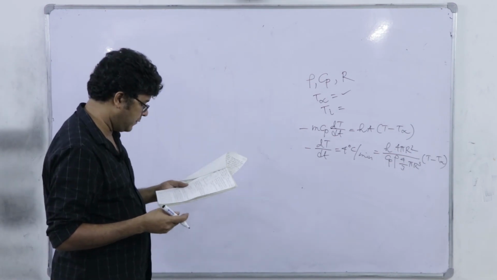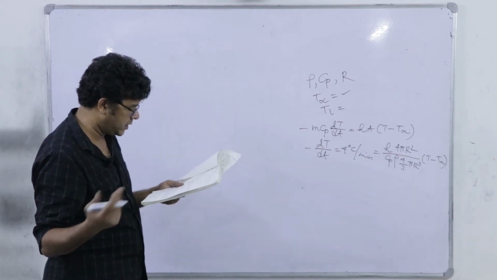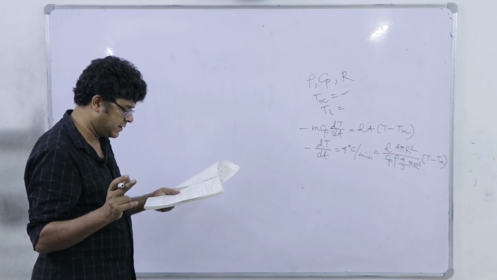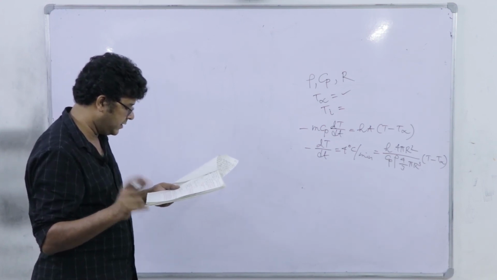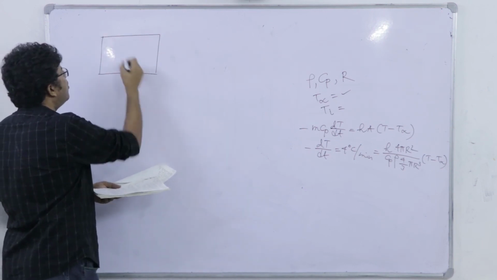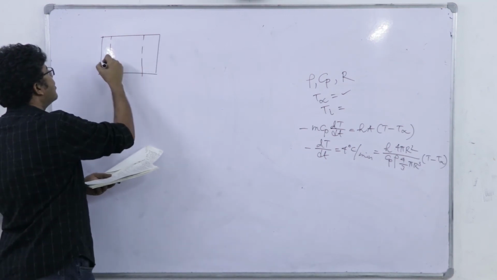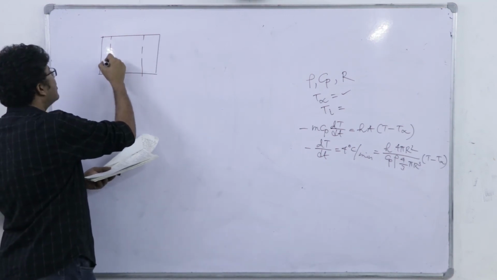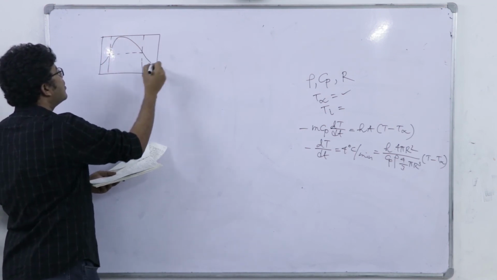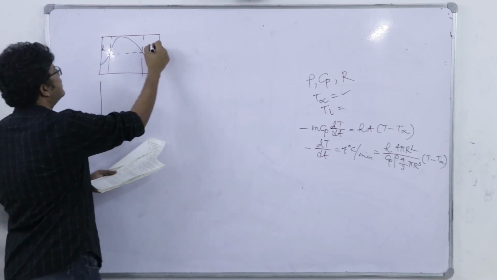The heat transfer coefficients between the solid slab and the fluids are h1 and h2, with h2 greater than h1. The steady state temperature profile for one-dimensional heat transfer is correctly shown by which option? So, what are the profiles that we have to know? This side is h1, this side h2.